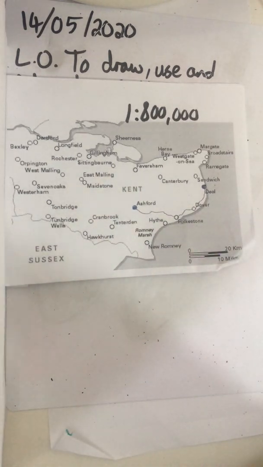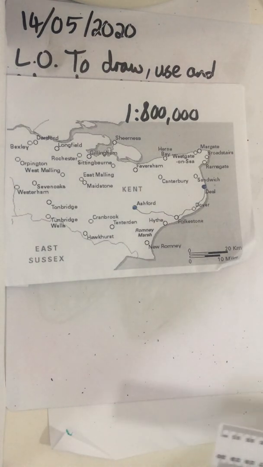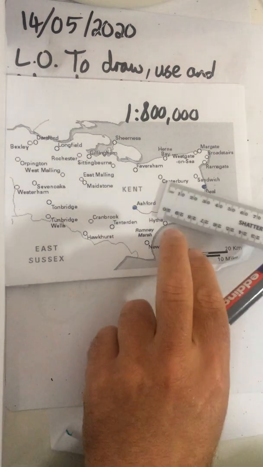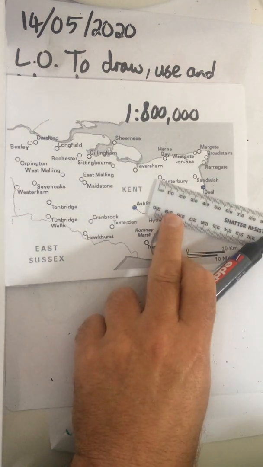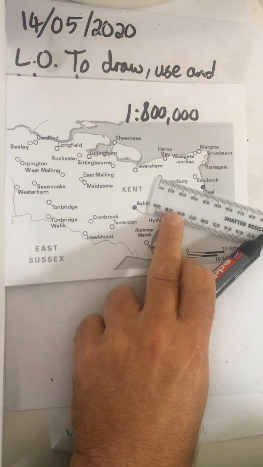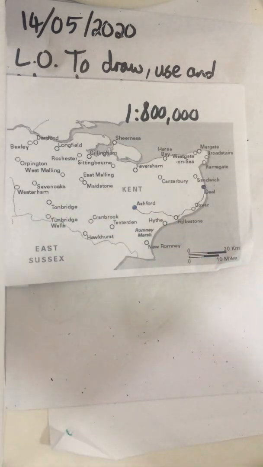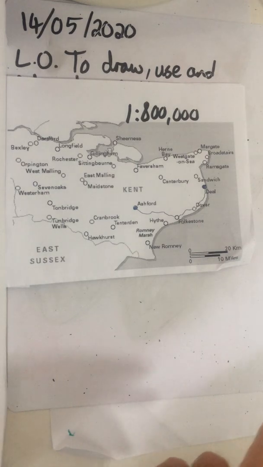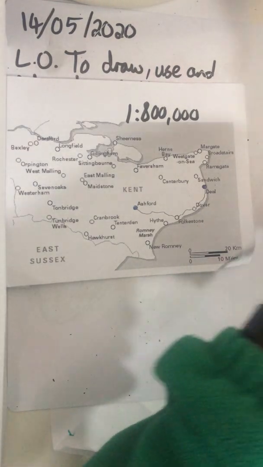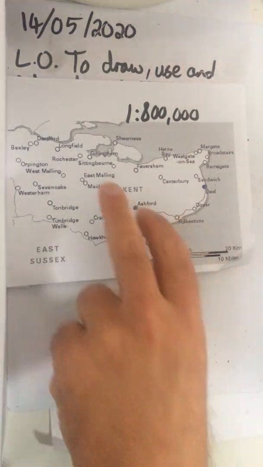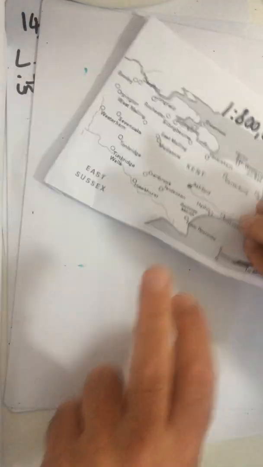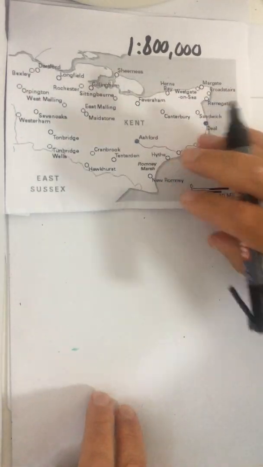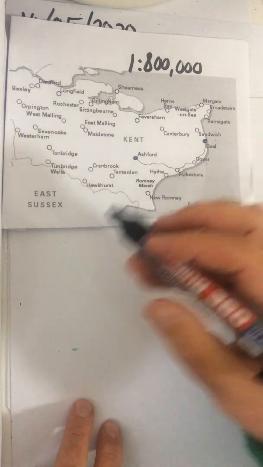Right, so if I wanted to find out the distance between Deal and Canterbury, I can see that is around about 3.5 centimeters. So on my map, it's 3.5 centimeters.